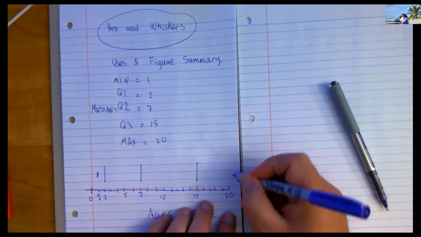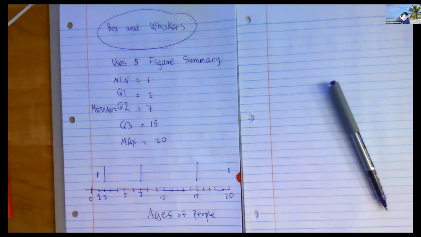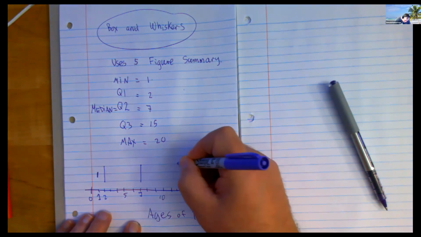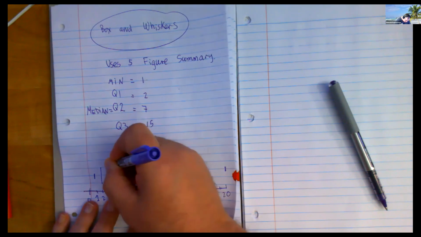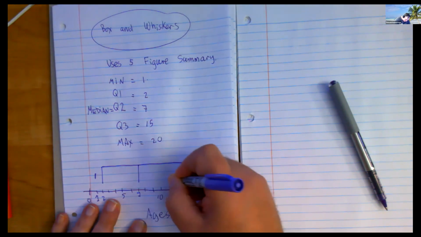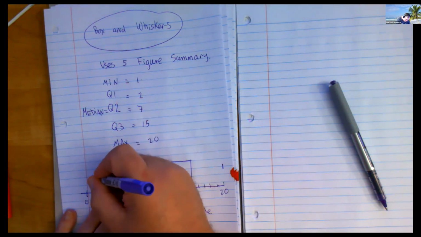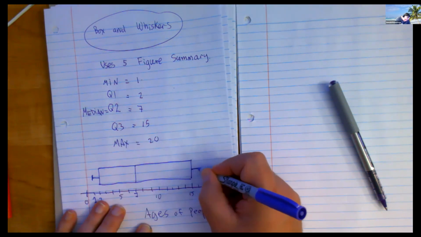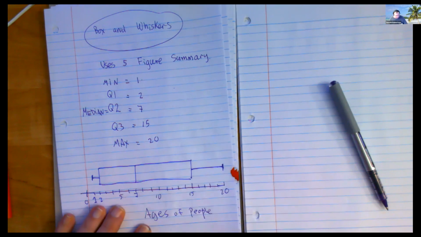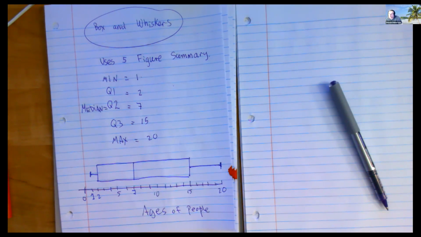And the maximum is 20, you do that. And you join these 3 together like that. And you join these 2 together like that. Have you ever seen a diagram that looks like that before?